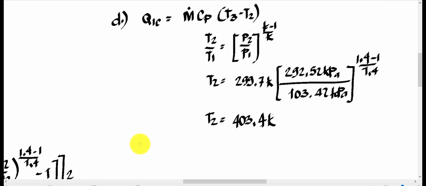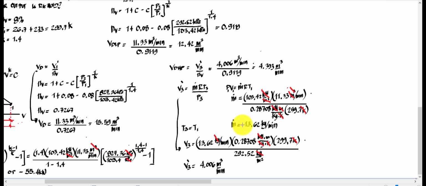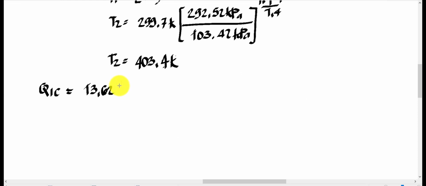Okay, so let's substitute now into the equation. We have your mass flow rate, which is 13.62. So the mass flow rate of the system is 13.62 kilogram per minute.